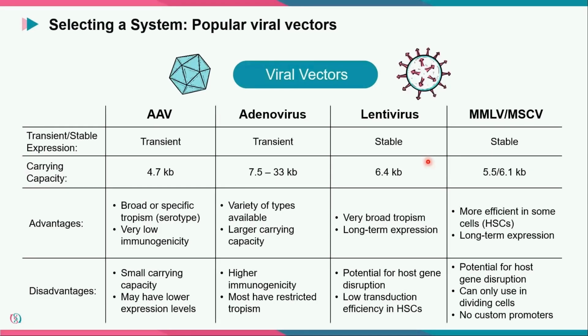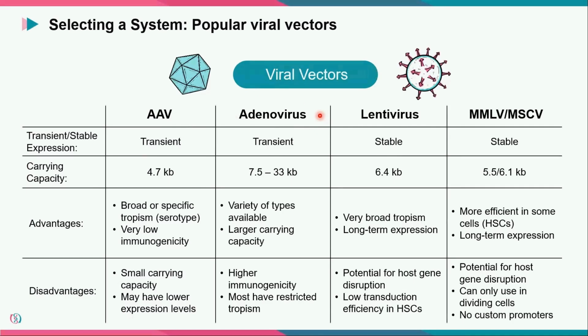Among popular viral vectors, we're going to primarily divide these into viruses that stably integrate the gene or RNA of interest into your genome versus those that don't, those that have more transient expression. So for viruses that do not integrate into the genome, adeno-associated virus and adenovirus are our most popular options.